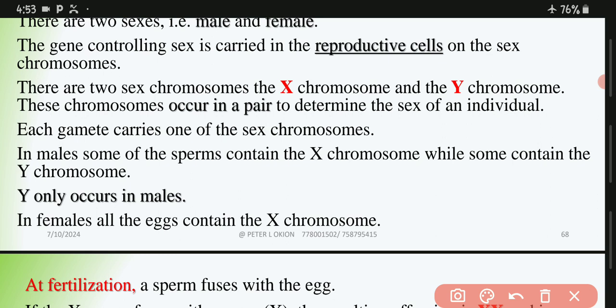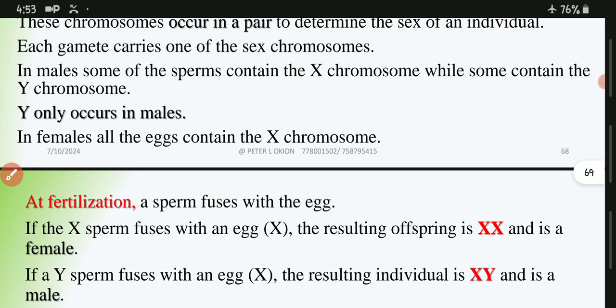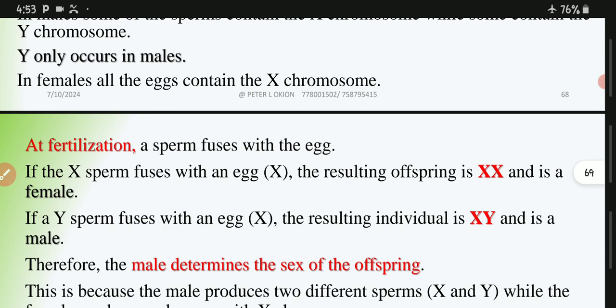The Y only occurs in males. In females, all the eggs contain the X chromosome. All females are homogametic, meaning that they have identical sex chromosomes.